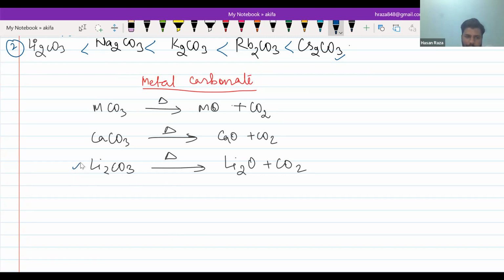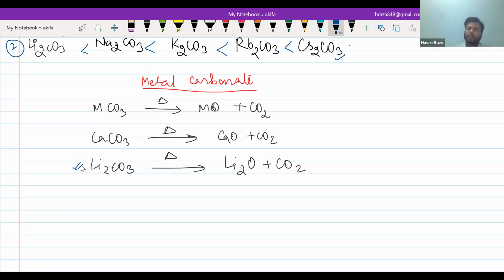only lithium from the first group elements will decompose into lithium oxide and carbon dioxide. But the rest of the carbonates from the first group will not decompose into metal oxide and carbon dioxide.